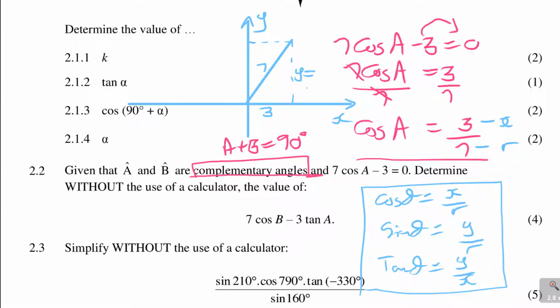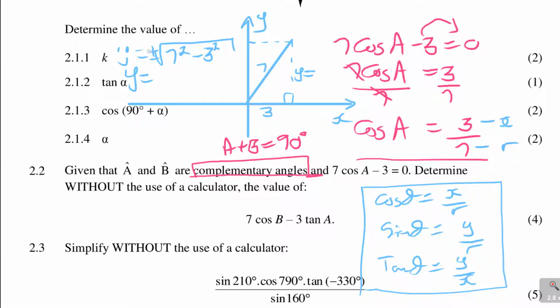Because it's 90 degrees, y is equal to the square root of 7 squared minus 3 squared. You can work it out slowly whereby x squared plus y squared is called r squared, then transpose, then square root at the end. But don't forget it's plus or minus.